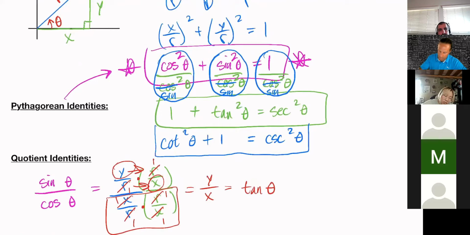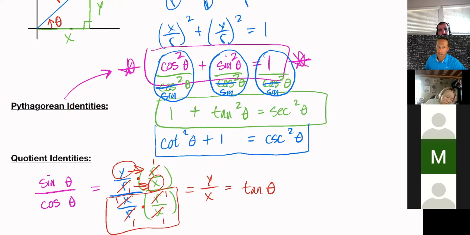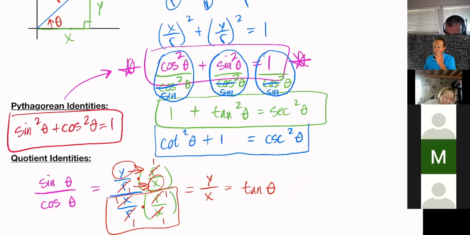So again, there are my big 3, or all 6 Pythagorean identities with all 6 of my trig functions involved. What's the one I definitely want you to memorize? Sine squared plus cosine squared equals 1, as long as the angle is the same.